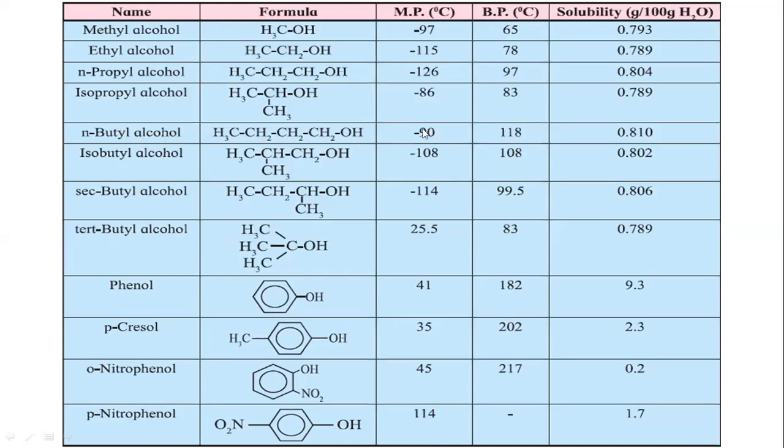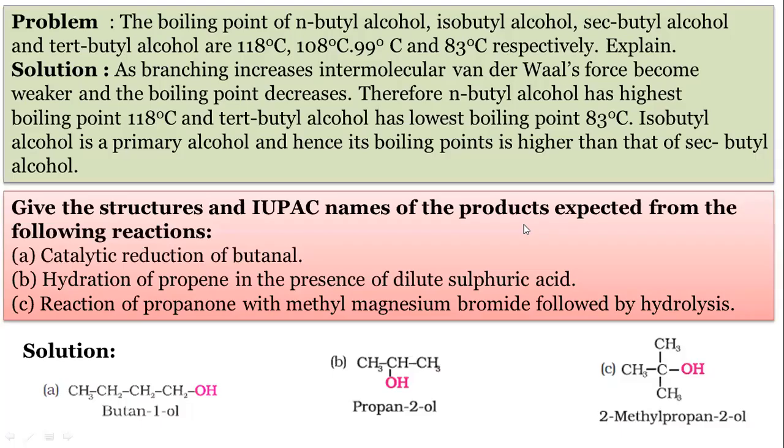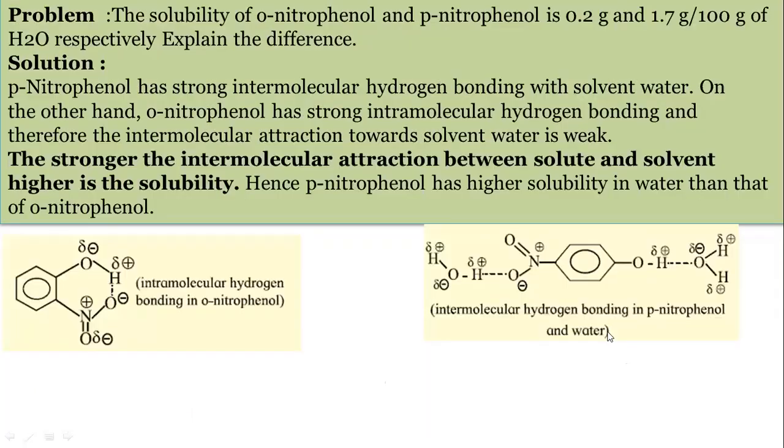Remember, n-butyl alcohol has 118 because it is a straight chain. I have explained this problem. Exercises are given to you, and you can solve them at home.